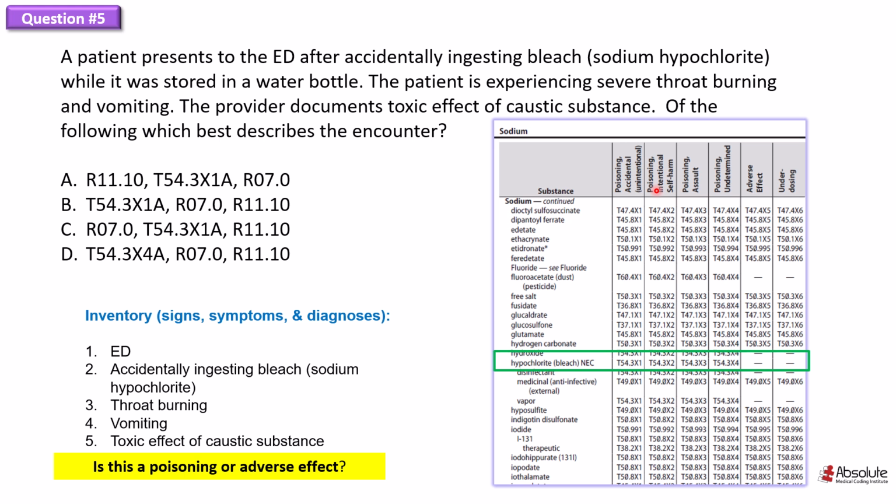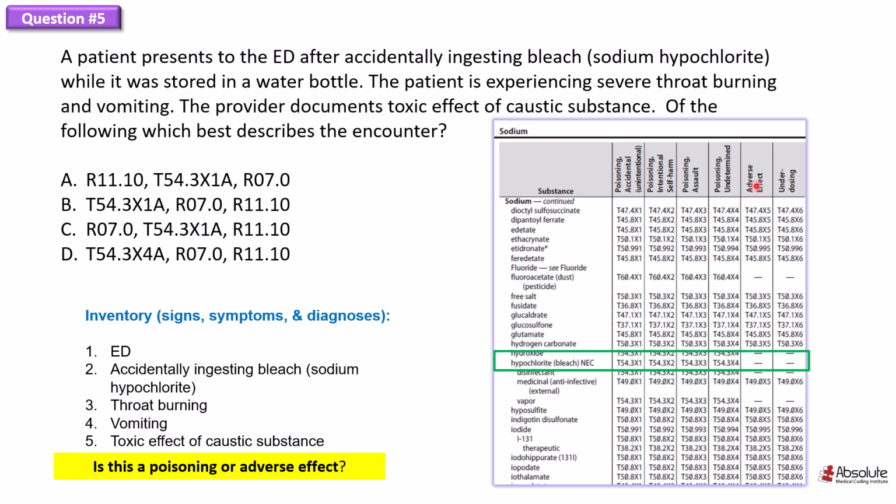That wasn't mentioned, so we're not going to even include this column. Poisoning, assault, there is also no mention that an assault took place. So I'm going to get rid of this as well. Poisoning, undetermined. I'm not going to say it's undetermined because the patient said that they accidentally ingested bleach. So we're going to get rid of this column too.